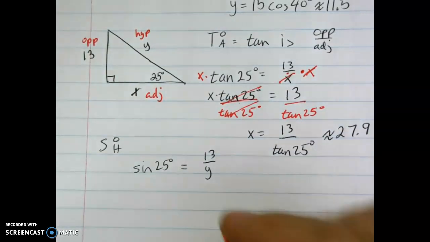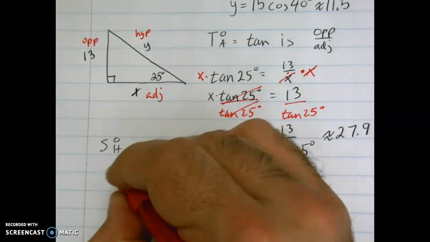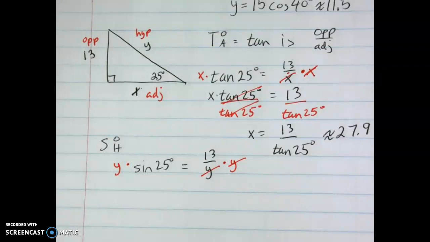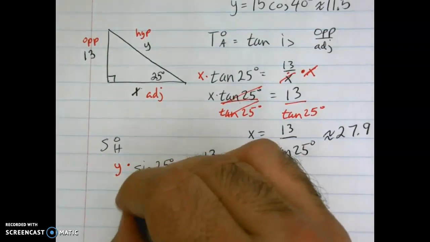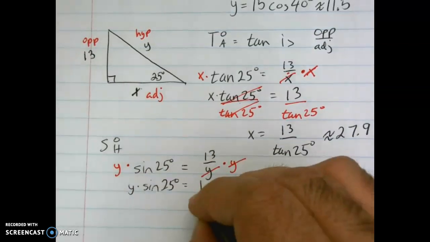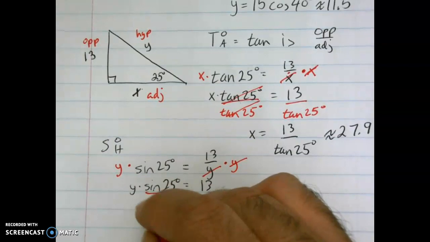Same method as before. I'm always going to multiply by y, by my denominator. So I'll do this on both sides. That cancels out. Leaves me with y times sine of 25 degrees equals 13. I divide both sides by sine of 25 degrees.